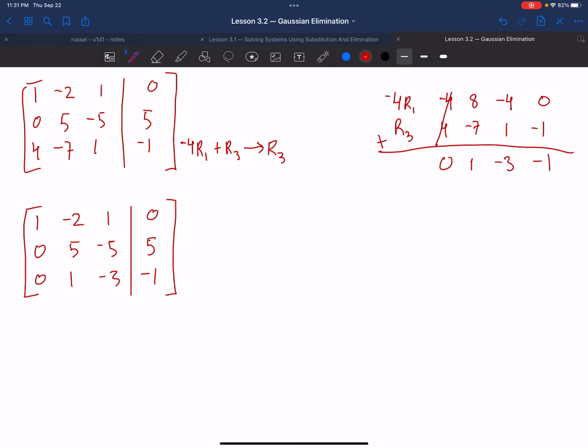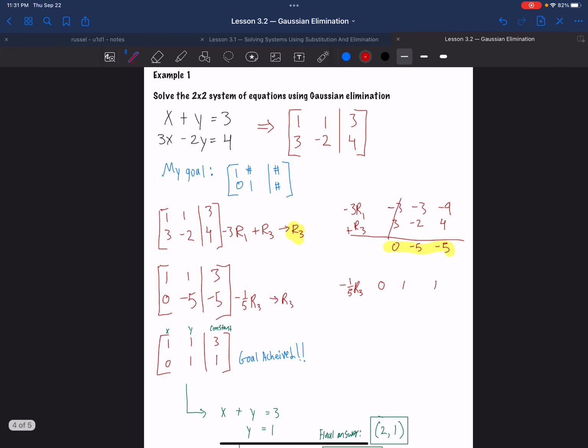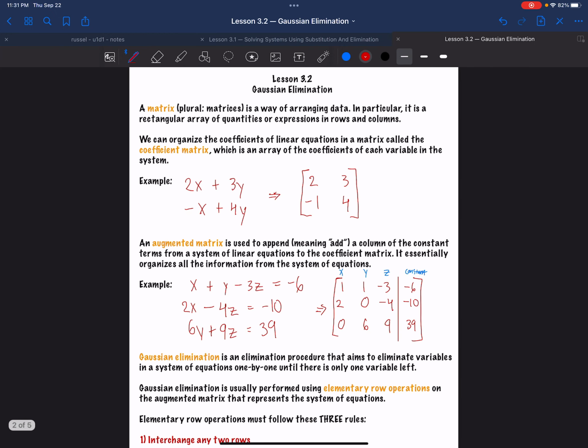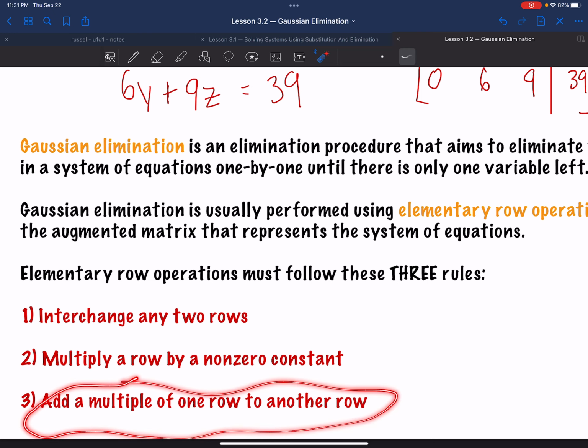By the way, the rules I'm using, all of these row manipulations, come from this. Remember, and this is kind of the hard part of remembering, you can do any of these three things. You can swap rows, you can multiply rows by non-zero constants, which is what we've been doing, and you can add multiples of rows to another row, which is the main thing we're doing.